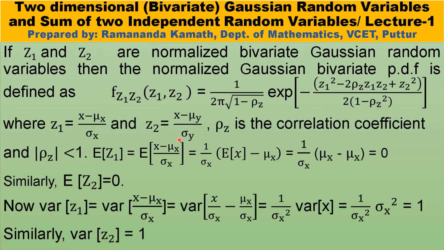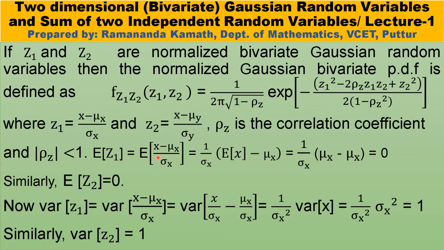So Z1 is the normalized Gaussian random variable of the Gaussian random variable x. Z2 is the normalized Gaussian random variable of the Gaussian random variable y.